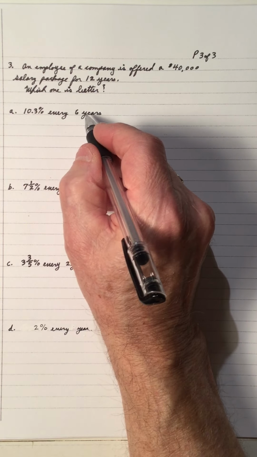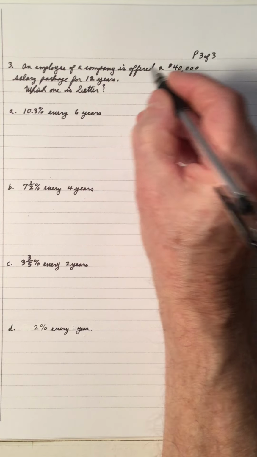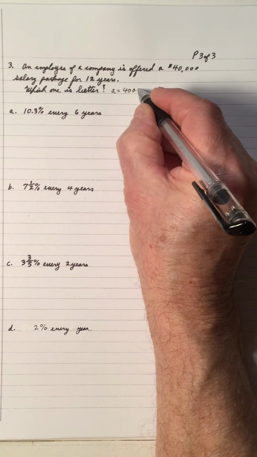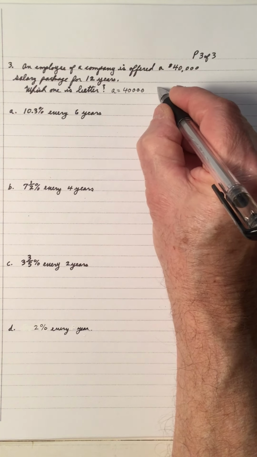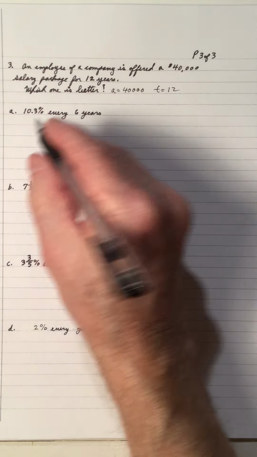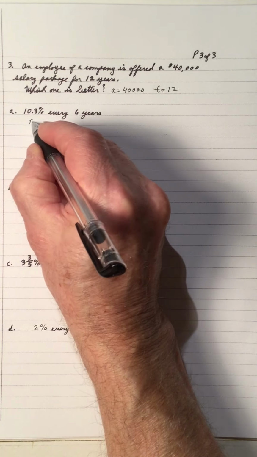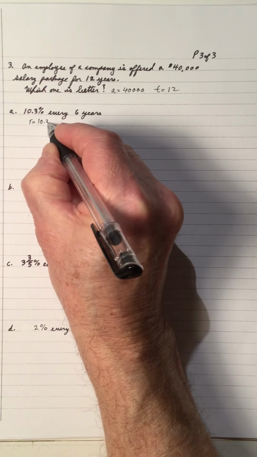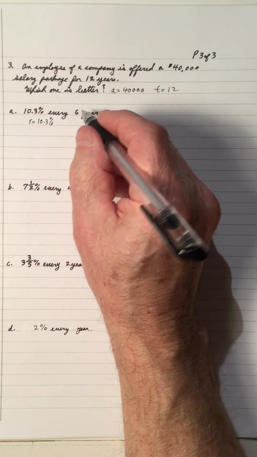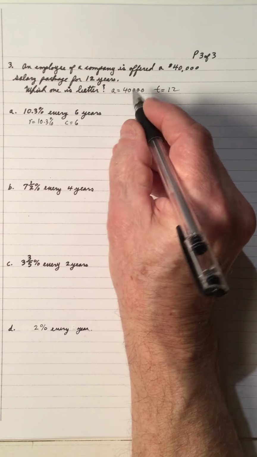So your formula, or let's look up here, a is, you're going to start off with 40,000 and the time is 12 years. And this is true for all of these questions, and your rate right here is 10.3%, and your c is not a doubling time, your c is every 6 years.